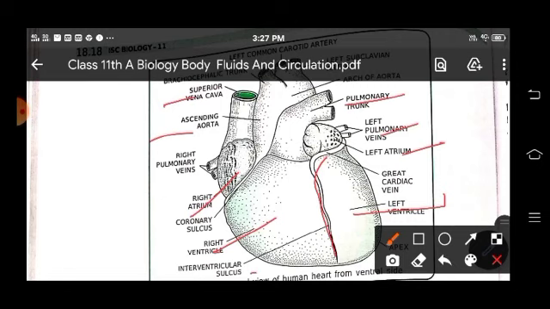Interventricular sulcus. Now, this is the coronary sulcus which divides the auricles from the ventricles. Superior vena cava brings the blood from the upper part of the body. Then the pulmonary trunk and the pulmonary veins carry the deoxygenated and oxygenated blood.